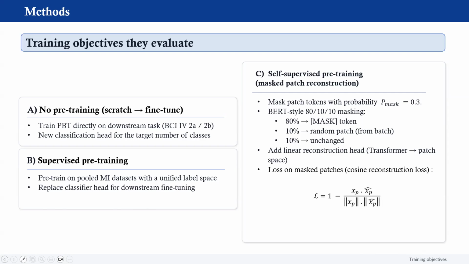Once you have picked a patch to mask, you can either choose to mask it, with a probability of 80%, or you can replace it with another random patch from the batch with the probability of 10%, or you can leave it unchanged.